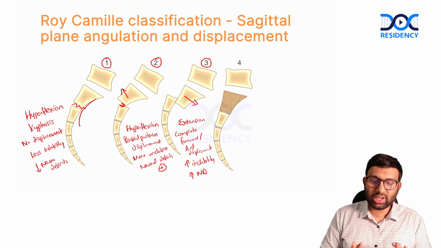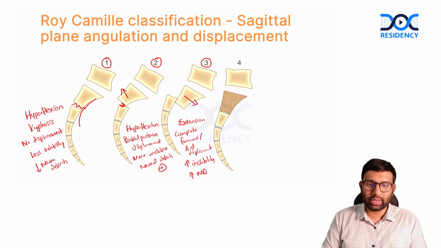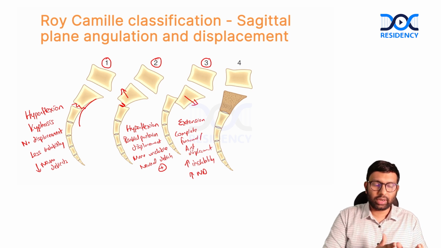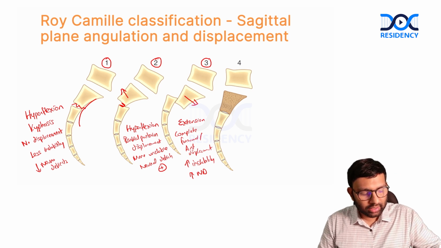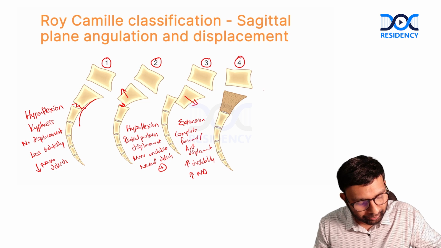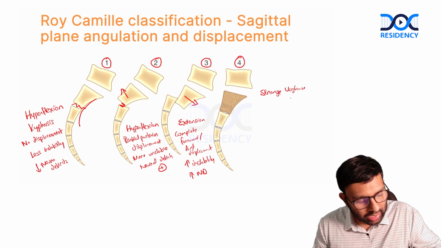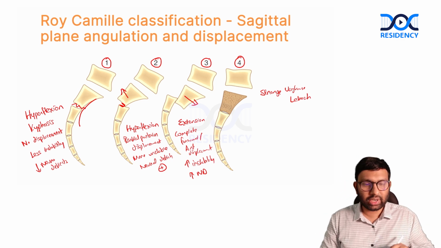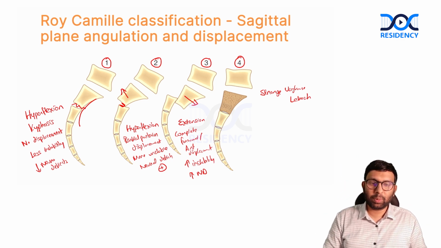So this was originally the classification system given by Roy-Camille, where he introduced type 1, type 2 and type 3. But then another type was given by Strange, Watson and Libek. Strange, Watson and Libek, they came up with type 4.